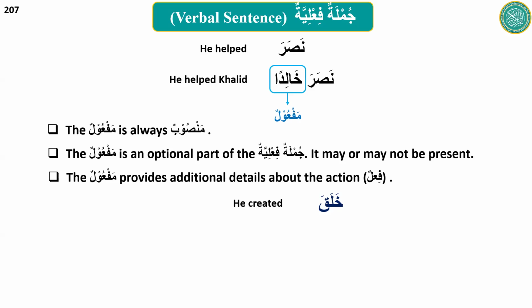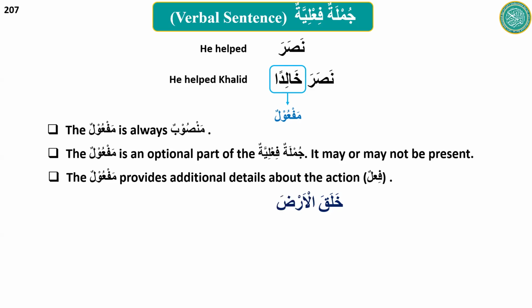No, it doesn't have to have it. That is optional. Okay. Maf'ul is optional. So it is a jumla. Okay, Ali? Khalaqa, he created, is a jumla. It is a sentence. Jumla fi'liya. Okay?